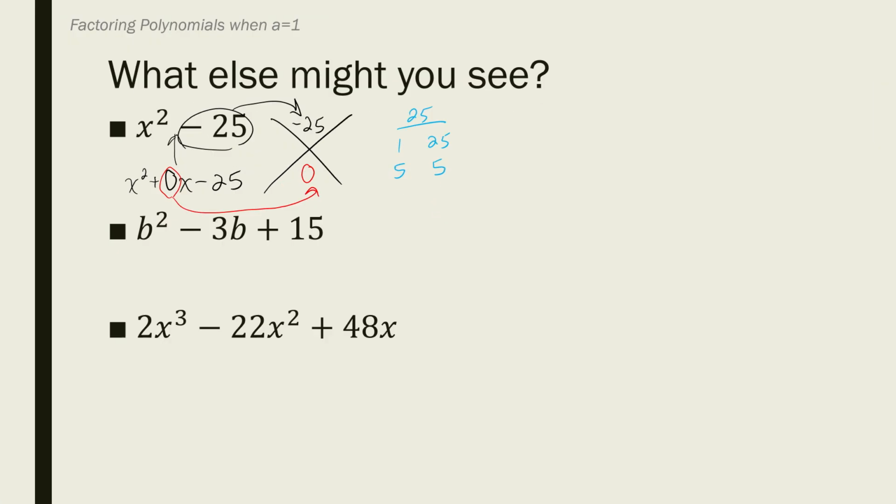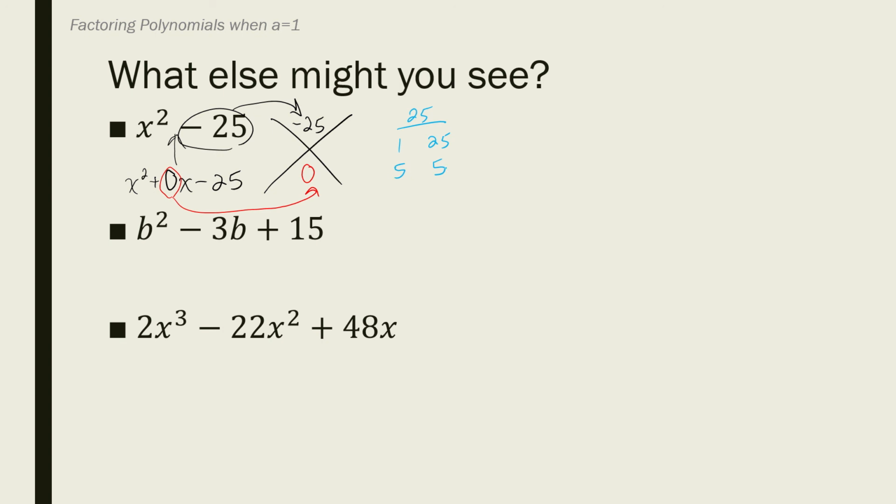So I know that I am looking for two numbers that multiply to give me a negative. That means one has to be positive and one has to be negative. So if I look at this first pair, there's no way that's going to equal 0 when I combine them.